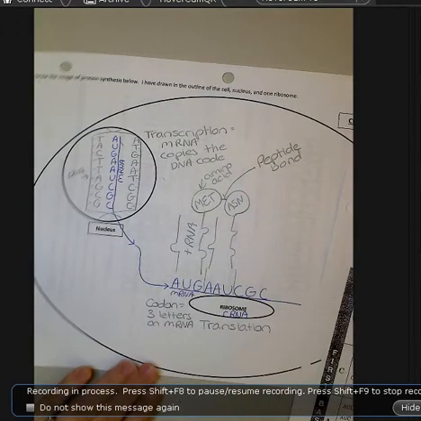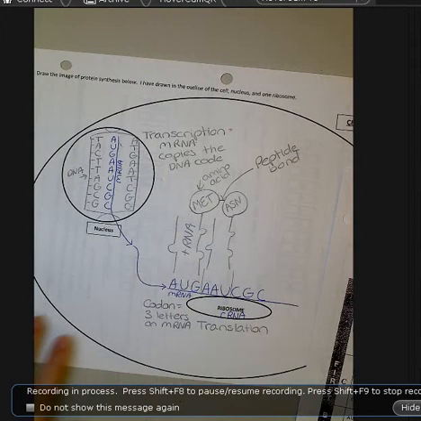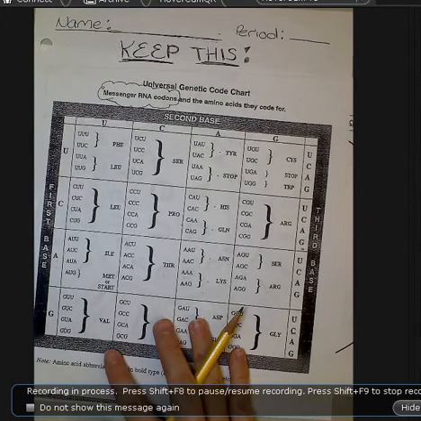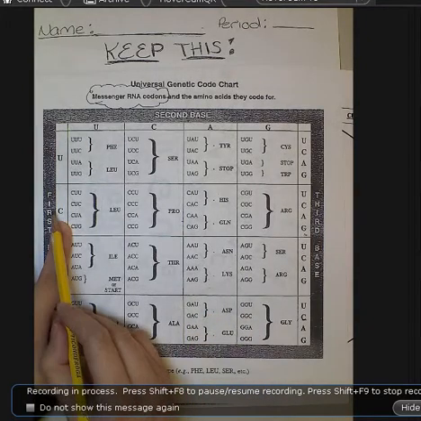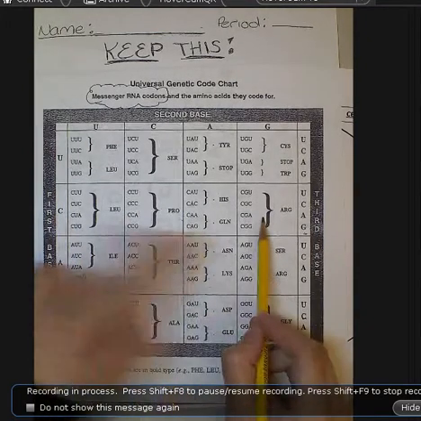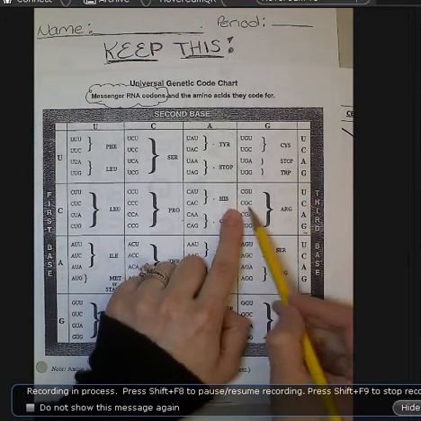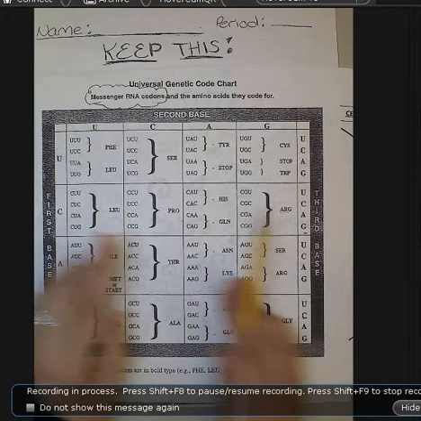Okay? Now I need to look up CGC. So I go back to my codon chart, and it's C, first base, G, second base, C. So CGC leads to ARG, which is my amino acid.